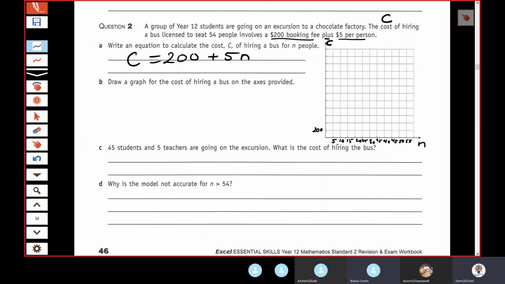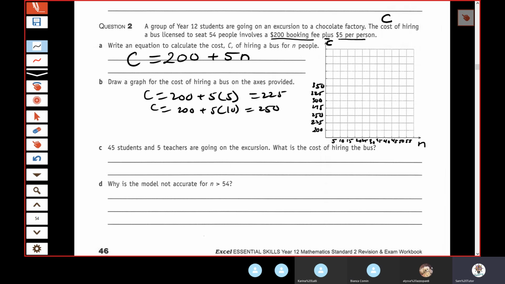So can you see, if I'm going to sub in 5 into this, just so you guys understand, I'm going to get 225. If I sub in 10, I'm going to get 250. So I'm actually not going to go up by 5s, I'm going up by 25s because of the scale I chose down here. So it's going to be 225, 250, 275, 300, 325, 350, 375, and so on.